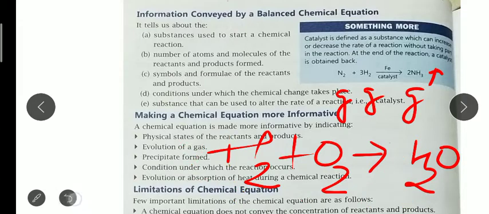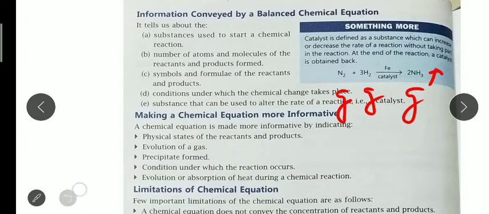The same thing happens: it gives us information about the evolution of a gas. You can see the second point, evolution of a gas. When a metal reacts with any acid, it liberates hydrogen gas, so the chemical equation gives us an idea about the evolution of gases.